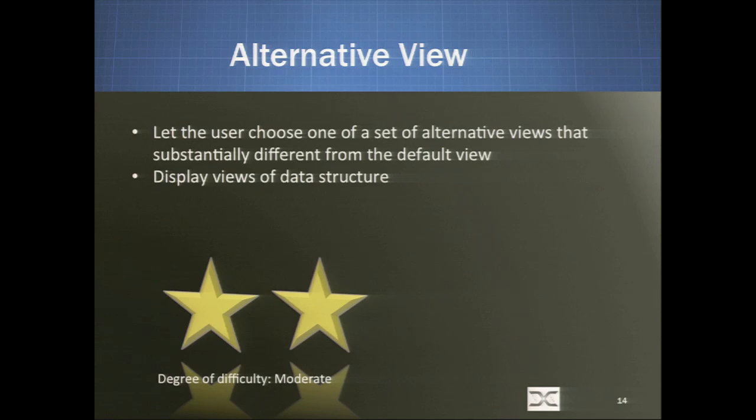So, alternative view. You've definitely seen an alternative view in Google Maps, where you can look at street or satellite or hybrid view, and of course we all know there's a couple of things happening with iOS maps. You've also seen the alternative view in PowerPoint or whatever word processor you like, which gives you the outline view.